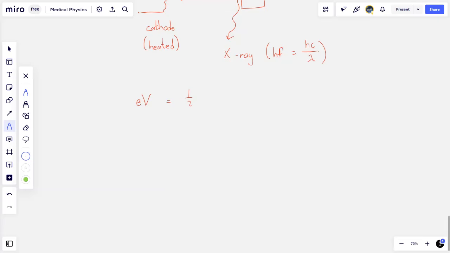This is equal to the kinetic energy that the electron finally gains just before it slams into the metal target, and is also equal to the energy in an ideal case, which is obviously not always the case, hc over lambda, which means the wavelength of a single X-ray photon can be given by h times c, Planck's constant times the speed of light, over the charge on the electron times the potential difference that accelerated the electron.